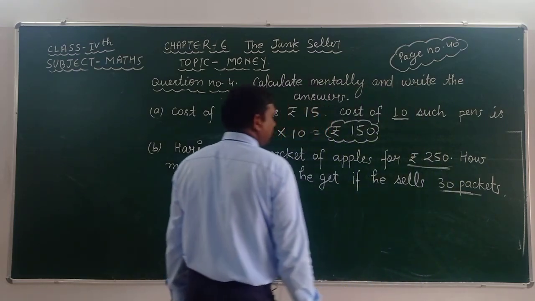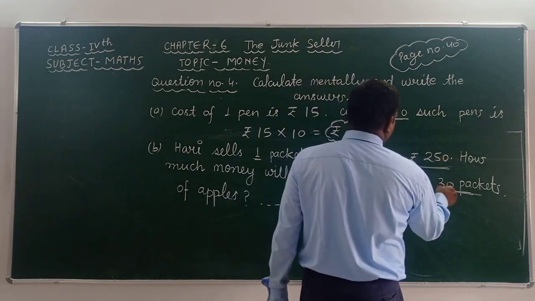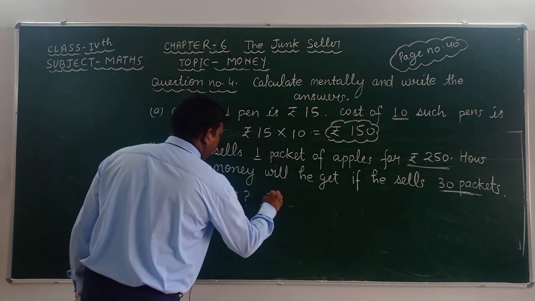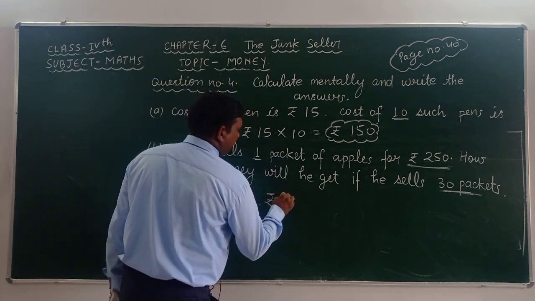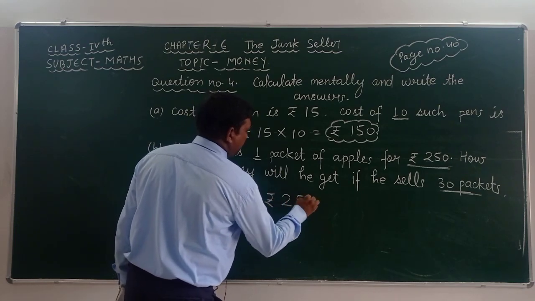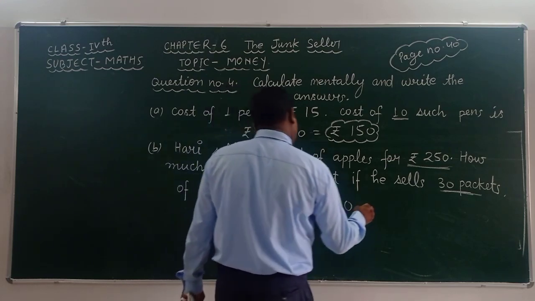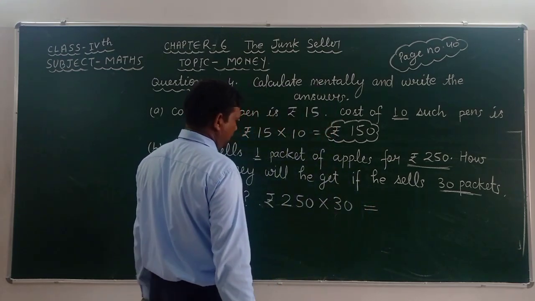If we take the multiplication of rupees 250 by 30, then we get the answer of this question.